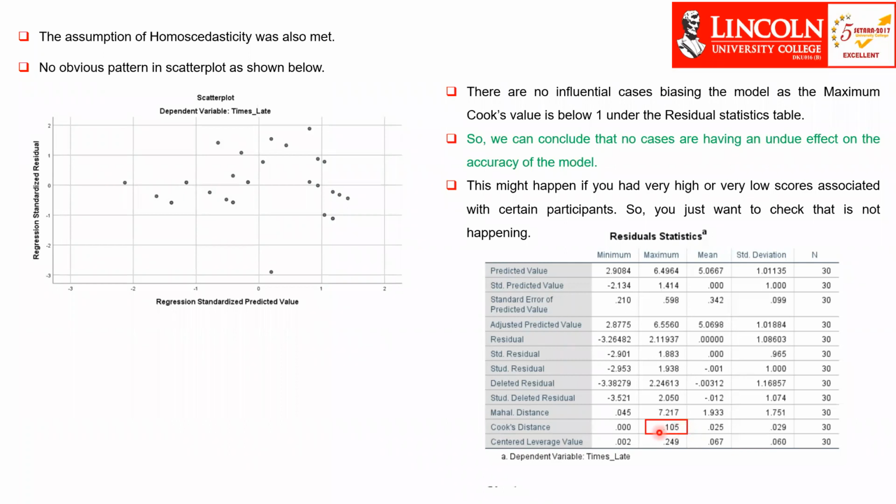So we can conclude that no cases are having an undue effect on the accuracy of the model. This might happen if we had very high or very low scores associated with certain participants, so you just want to check that it's not happening. And this is another way to check for outliers.